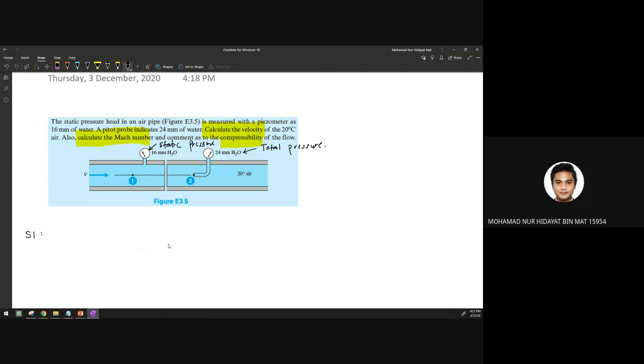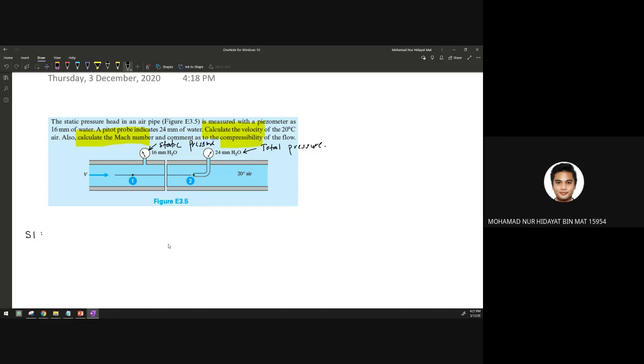Apply the Bernoulli equation. When you look at it, there is flow, so first use the Bernoulli equation, because the flow is in motion. That means point 1 and point 2 move. Secondly, they give you 2 points, and you can see the pressure.